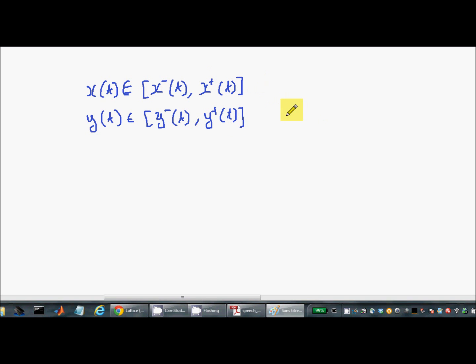Then I will define x of t plus y of t, but I take here the tube. So if you prefer, this corresponds to the tube x of t, and this one corresponds to y of t.